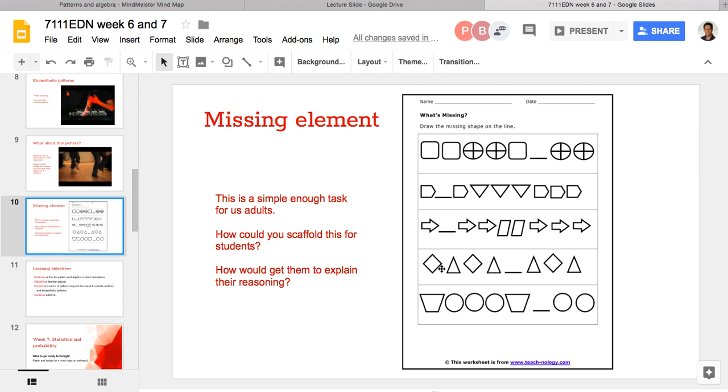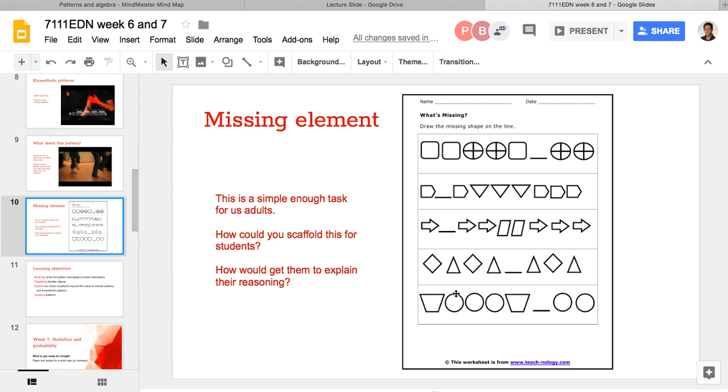This one is a little bit simpler again. So we've got diamond, triangle, triangle, triangle, diamond, triangle. Okay, and hopefully, as you're teaching that auditory pattern to students, they're realizing, oh, sir, this is so easy, I know what the answer is. Okay, so once again, missing element.